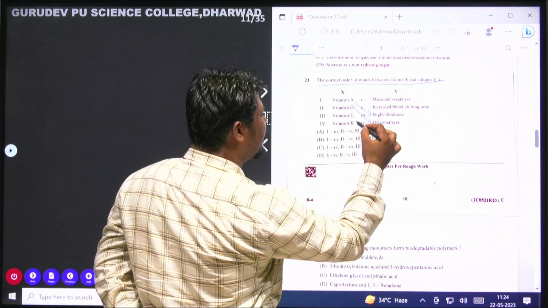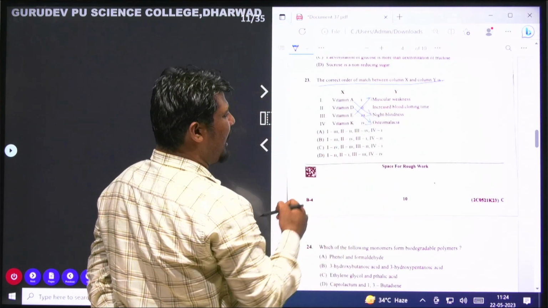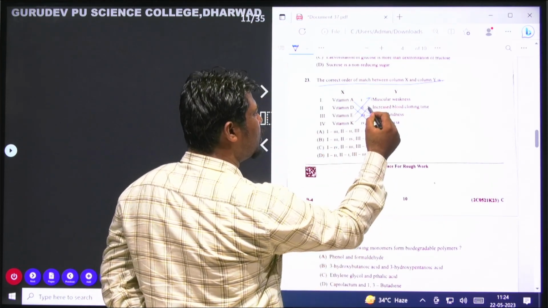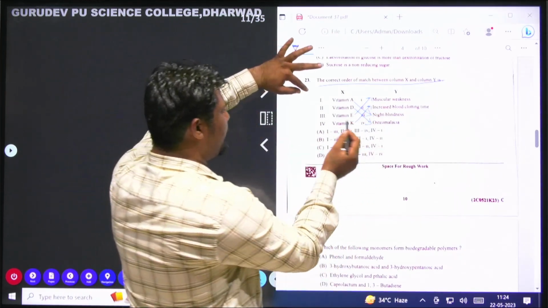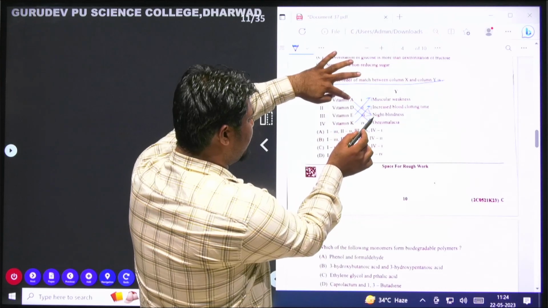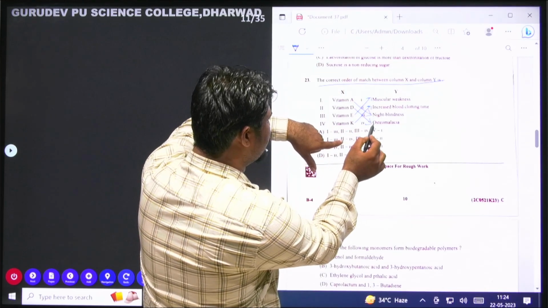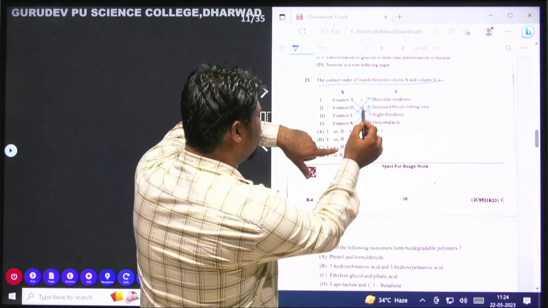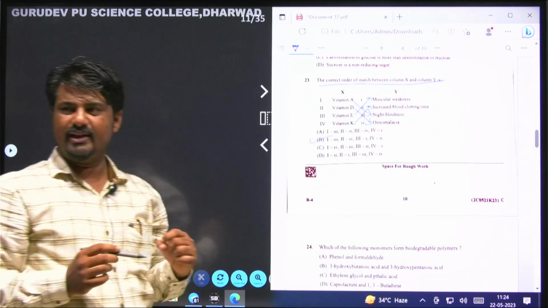Vitamin E is used for muscular weakness. And vitamin K is used to increase blood clotting. So now we should match it. For the first, we should take the third one. For the second one, we should go for the fourth. For the third, the first. For the fourth, the first. So option B is the right option.